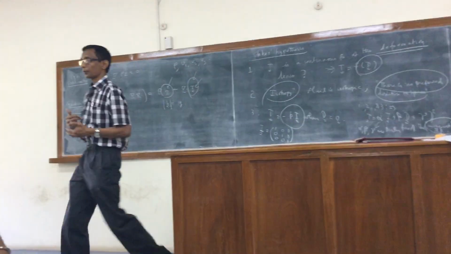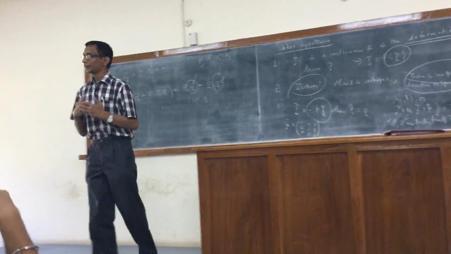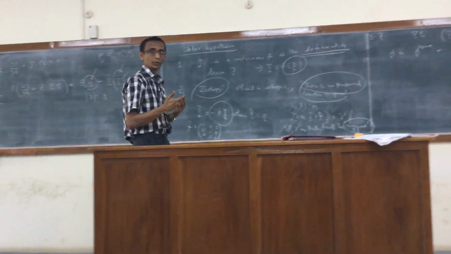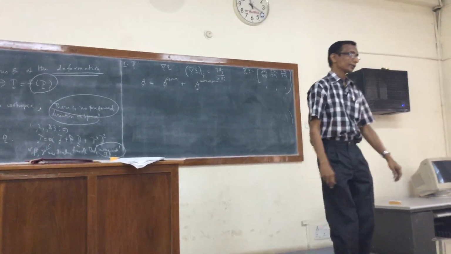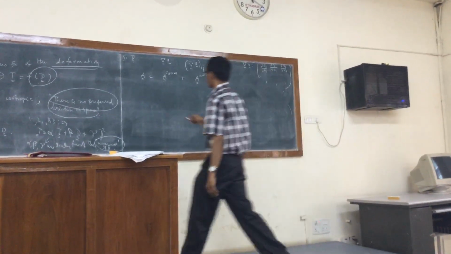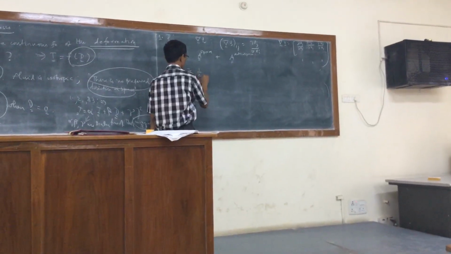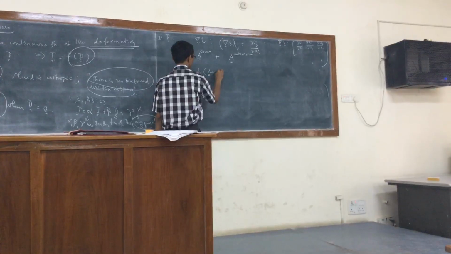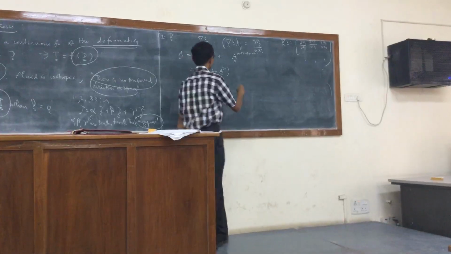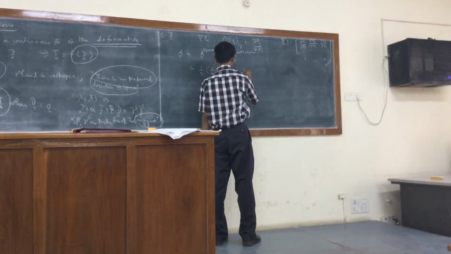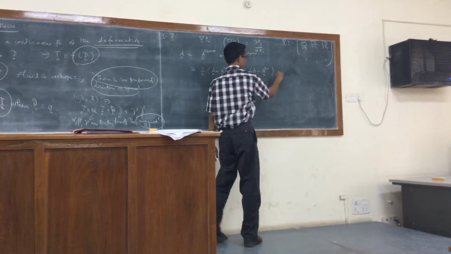Any square matrix, not just 3 by 3. Here we are dealing with a 3 by 3 matrix, so it applies to this case as well. It's very easy to show that the following form satisfies this rule. So this would be half of A plus A transpose, plus half of A minus A transpose.